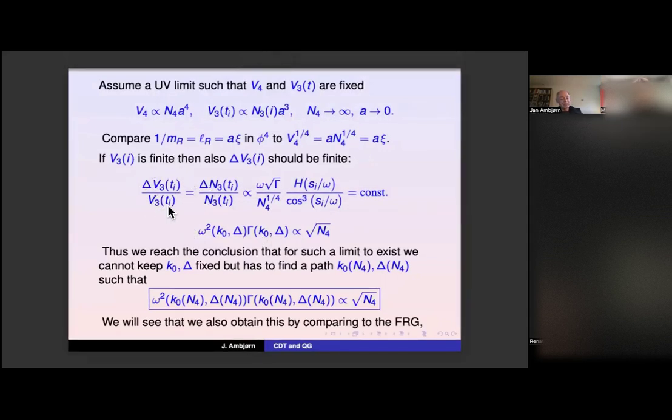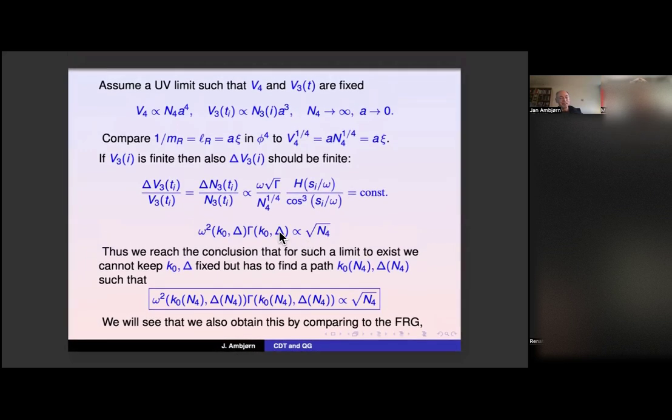So this means that this should be a constant when we take a to 0. And now I express it in terms of n3s, and these n3s, this was the fluctuations, and these were the measures. I put these functions in, and you see I have this formula here. So this is clearly finite when n4 goes to infinity. But clearly this cannot be true if the bare coupling constants are constant.